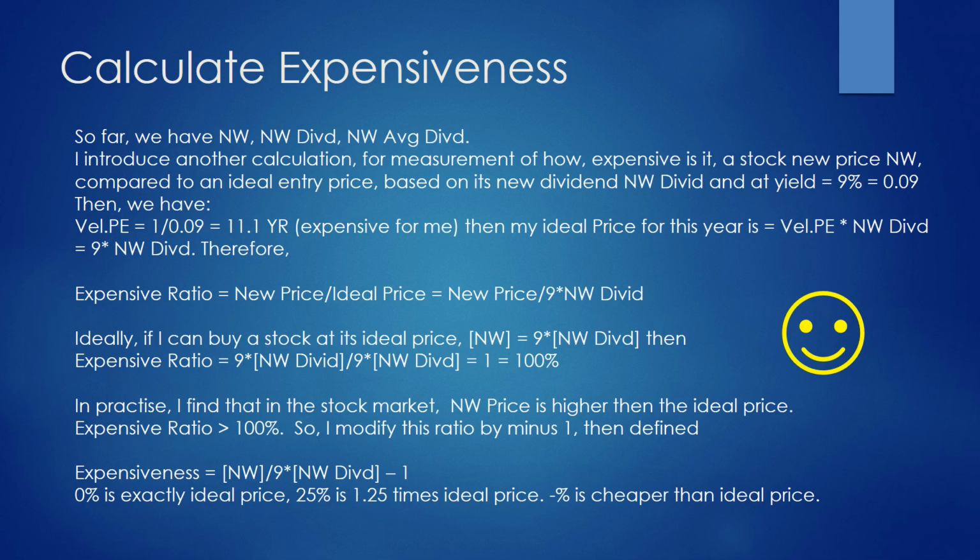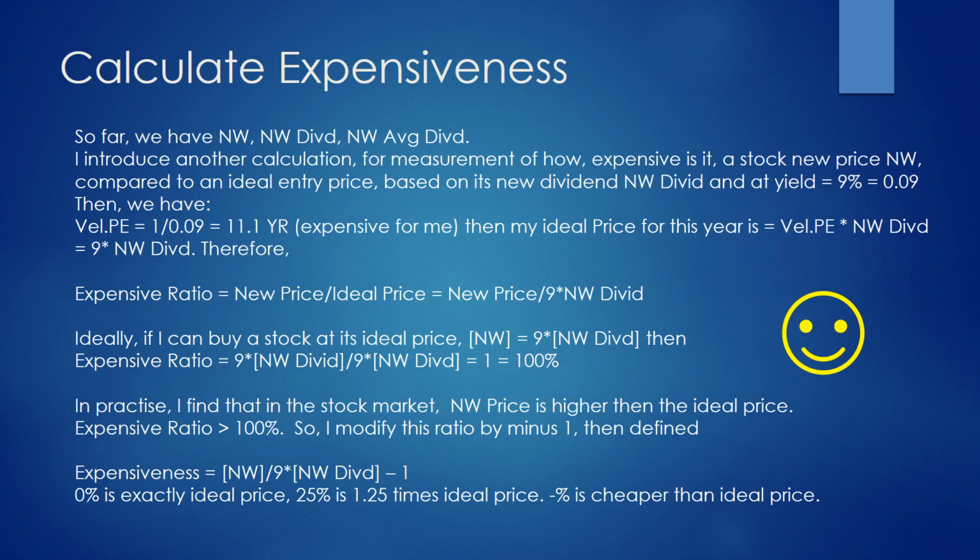I introduce another calculation for measuring how expensive a stock's new price NW is compared to an ideal entry price based on its new dividend NW dividend and at a yield of 9%, equal to 0.09. Then we have velocity PE equal to 1 over 0.09 equal to 11.1 year.